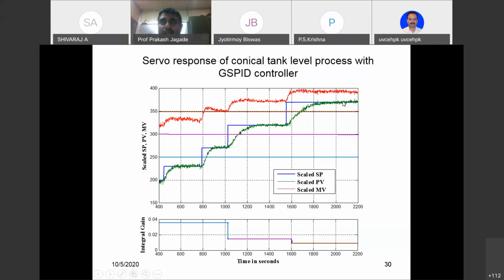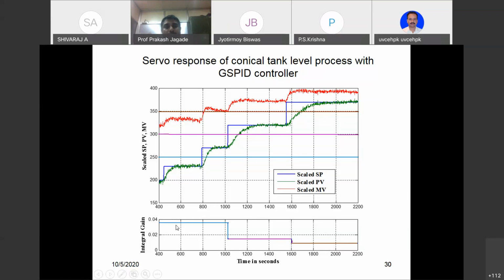It's behaving like a delay plus first order system. Not exactly a first order system, but there is no overshoot, and it is able to reach the desired set point satisfactorily. So when we move from 240 to 260, then 320 as well as 370, we are able to get satisfactory closed loop performance.